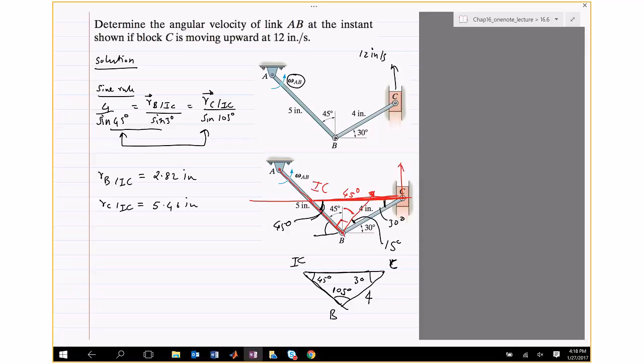Now let us move on and try to find the angular speed of AB between velocity of C and velocity of B. Velocity of B is omega times RB with respect to IC. VC is going to be omega times RC with respect to IC.